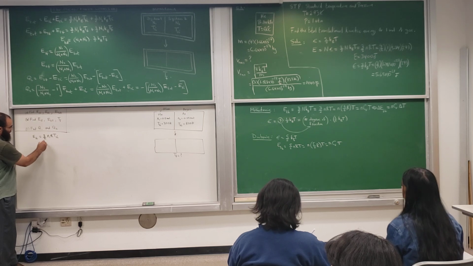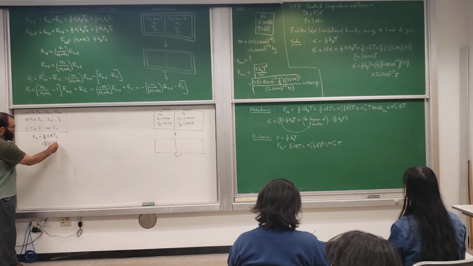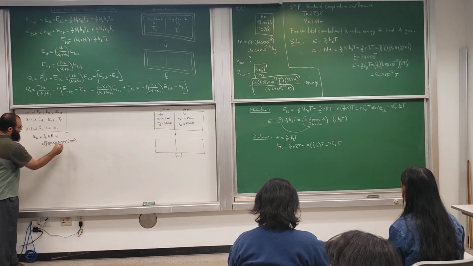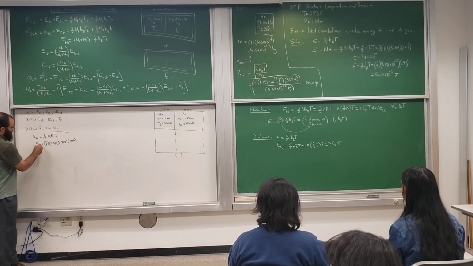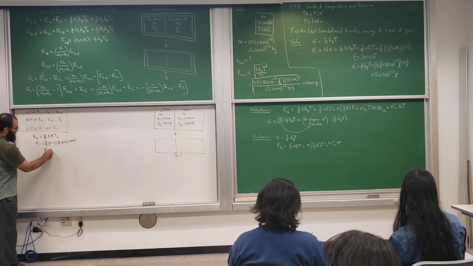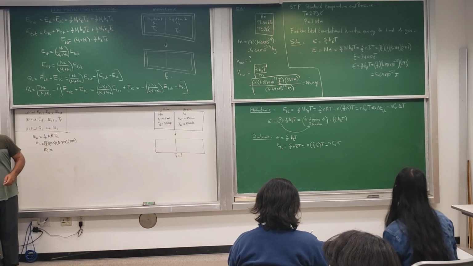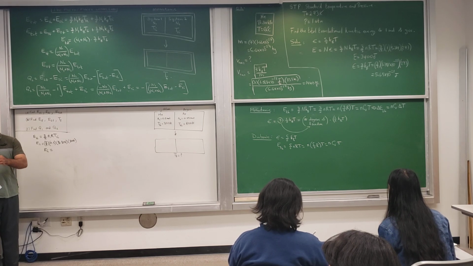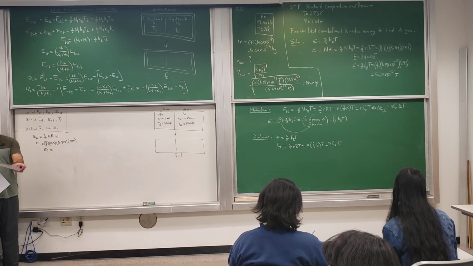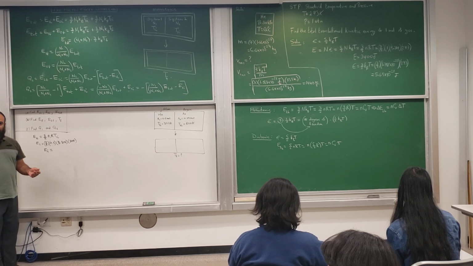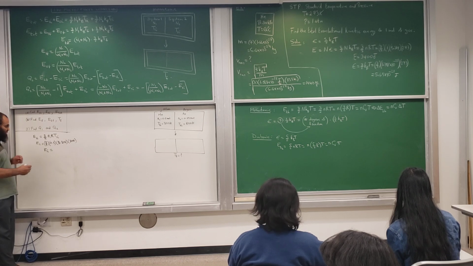And then we get 3 halves, 0.5 for the number of moles, 8.314, and then 300. So E1 initial, you should calculate it, and you should get approximately 1,870 joules.